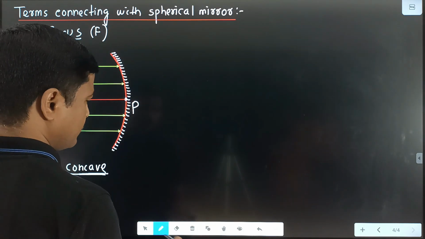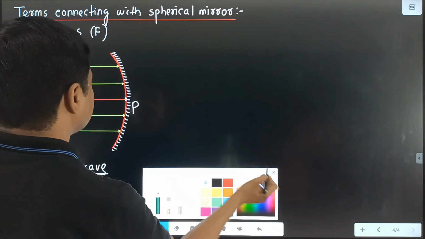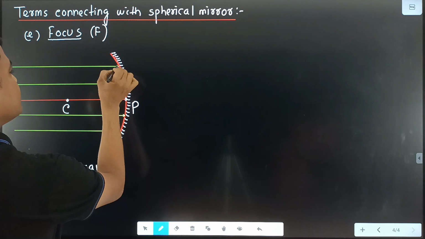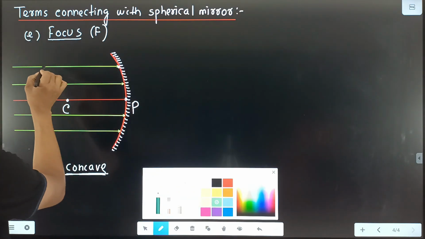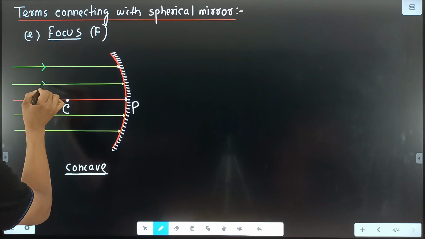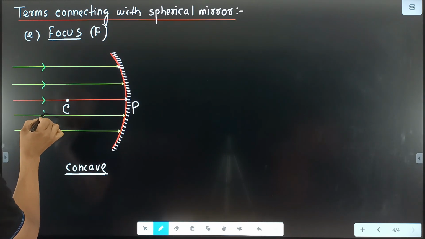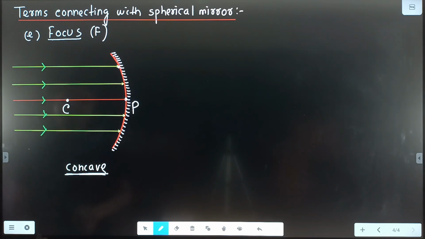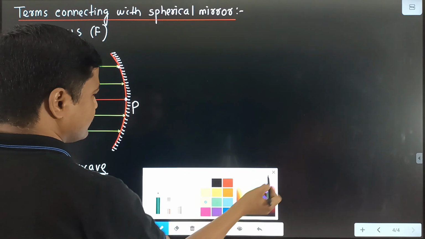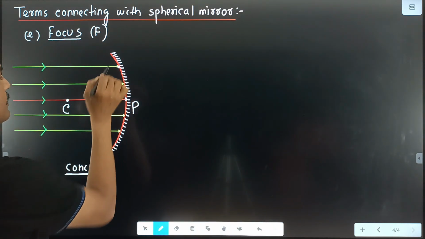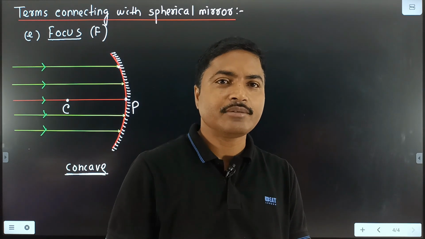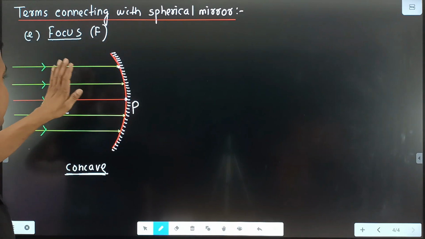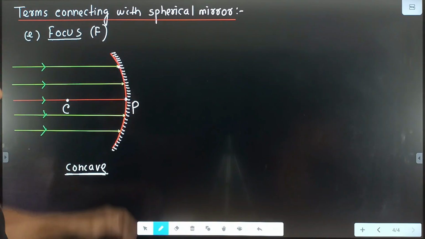Then what happens after reflection? Suppose this one is another incident ray, so here there are a total of 5 incident rays. From this point, the ray is returned back into the same medium, because the incident ray is situated in the air medium.